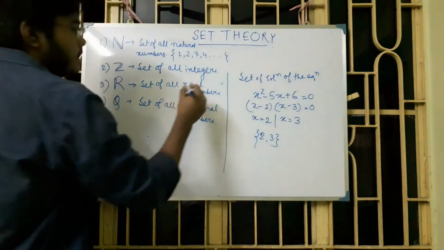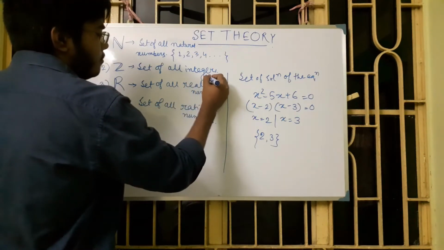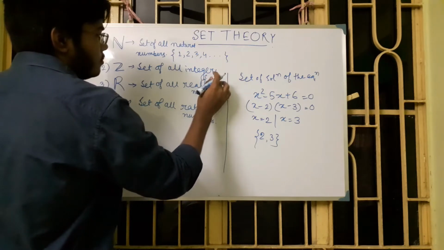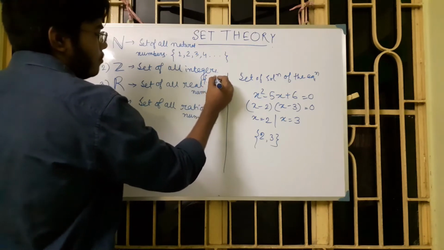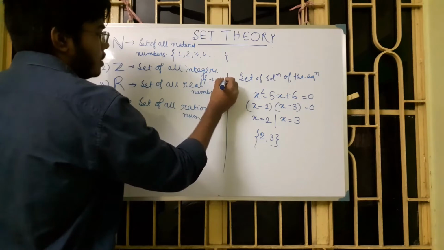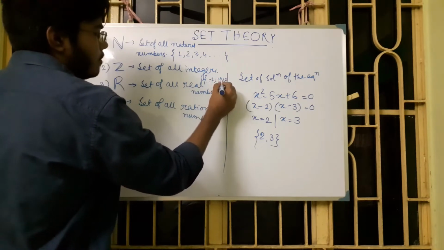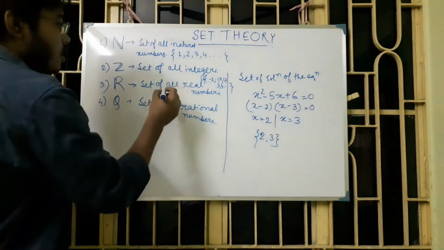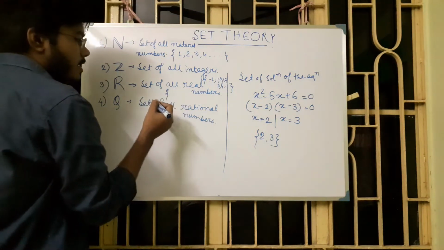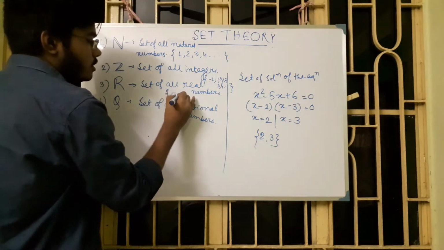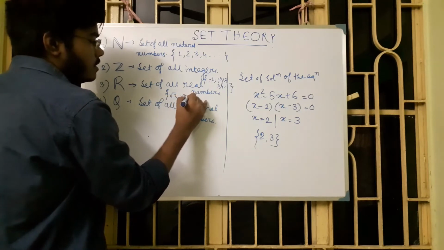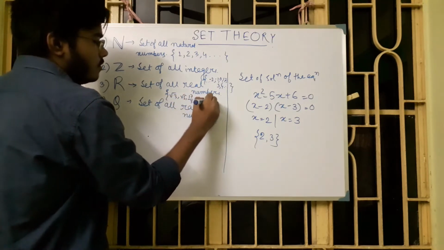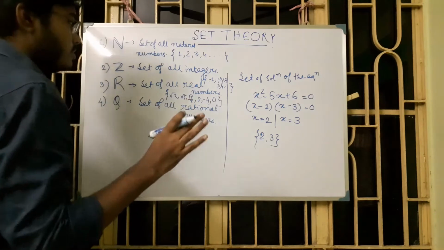The set of all integers: dot dot dot, minus 2, minus 1, 0, 1, 2, 3, 4, dot dot dot. The set of all real numbers includes rational numbers, irrational numbers, everything: root 3, root 5, 17 by 3, 2, minus 4, 0.